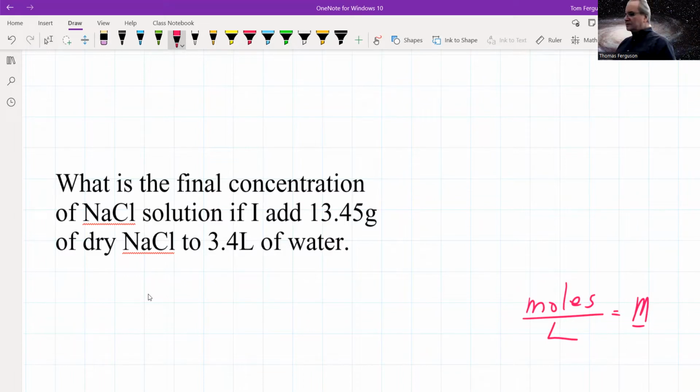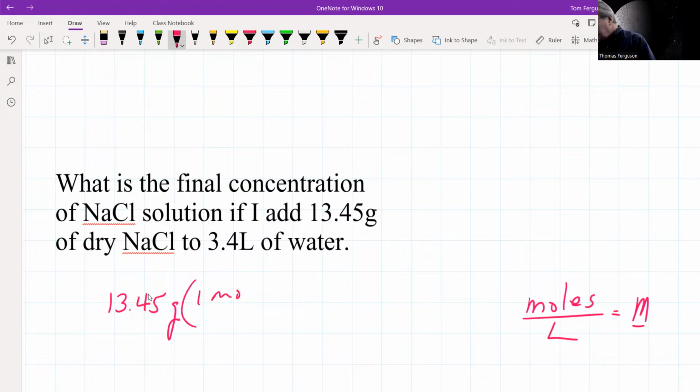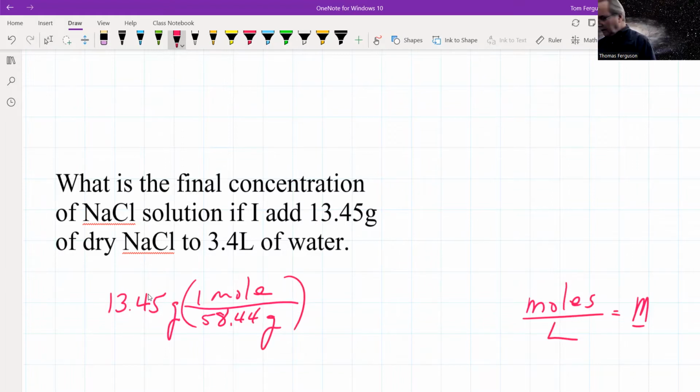Okay, the way we're gonna work this is we're gonna take the grams, convert to moles. Then we're gonna divide by the volume we have to get it down to 1 liter. So we're gonna go 1345. That'll give us moles of salt all over 3.4 liters.